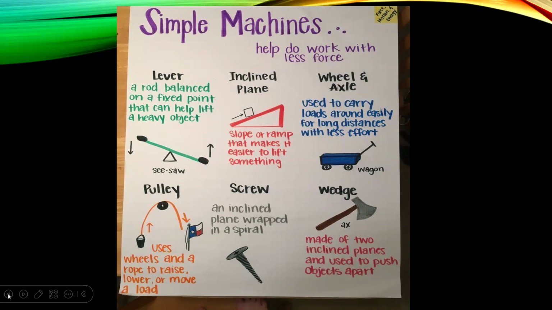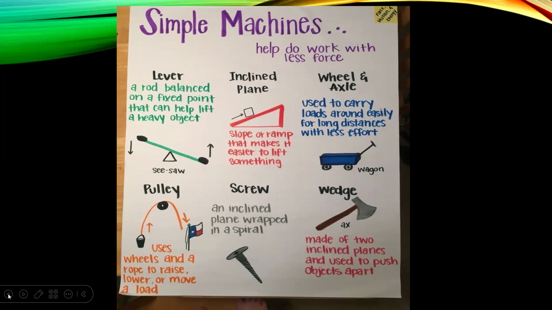So we have here simple machines. We have the lever, inclined plane, wheel and axle, pulley, screw, and wedge. Okay, so what is a lever? A rod balanced on a fixed point that can help lift a heavy object. And we have also the inclined plane, a slope or ramp. Wheel and axle, used to carry loads around easily for long distances with less effort.